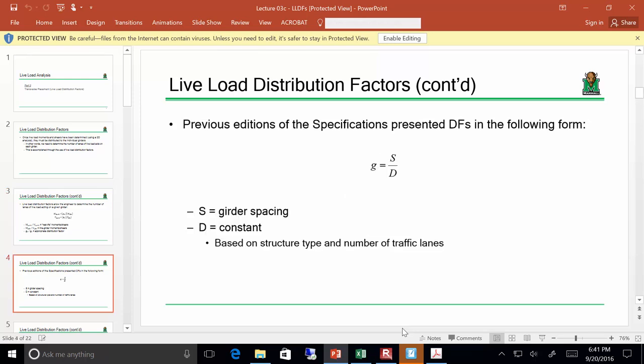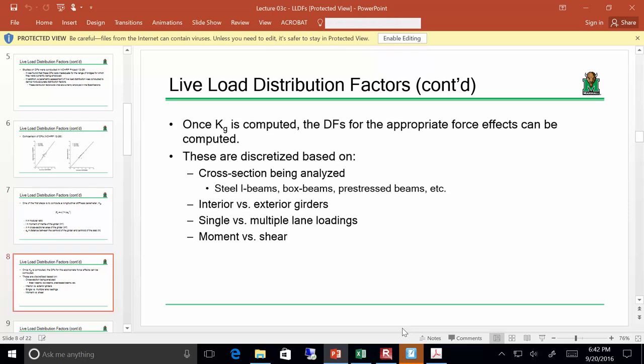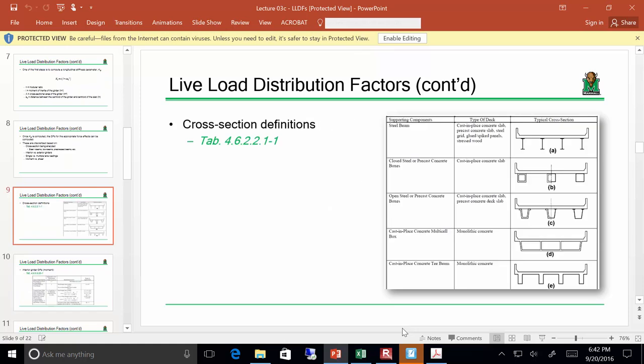I'm not going to go into the history and whatnot because you're all pretty well versed on that. But the idea behind distribution factors is that there is a large suite of them, dependent upon the particular type of structure and force effect you're looking at. They're discretized based on whether you're looking at slab-on-beam steel bridges, box bridges, reinforced concrete T-beam bridges, what have you.